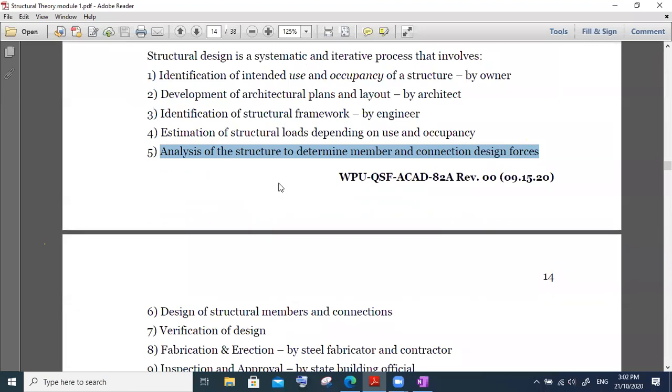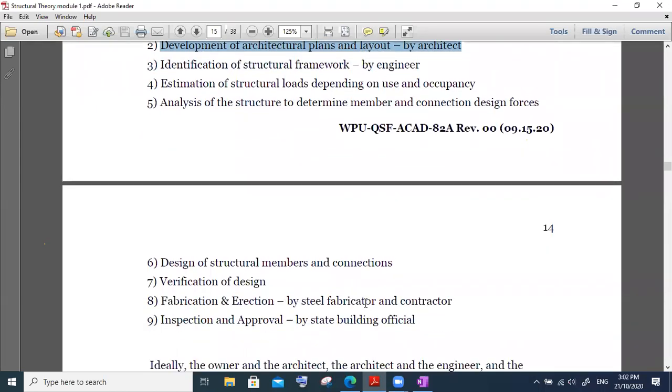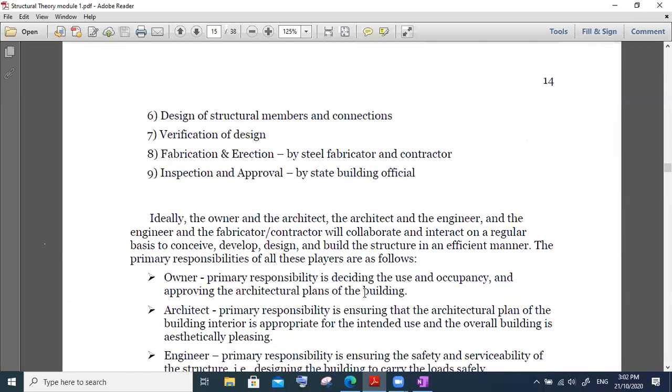So baka pwedeng pakibago yung mukha nitong part na to. So kung may mababago sa mukha ng layout, babalik ka sa step 2, wherein magkakaroon ng revision si architect. Tapos babalik ulit hanggang sa baba. That's why it's called iterative.